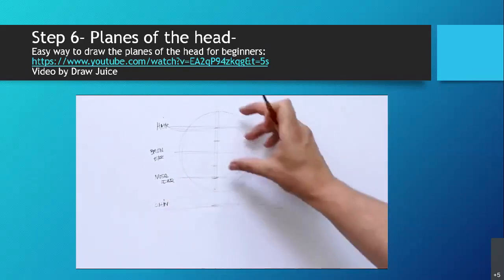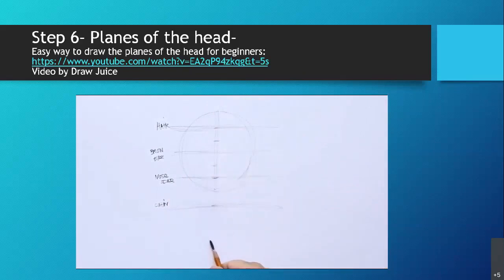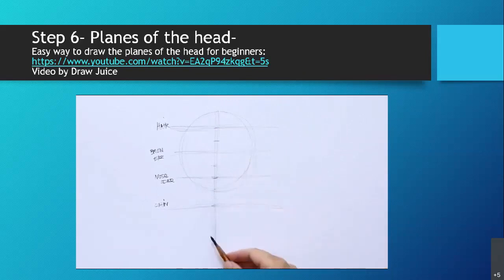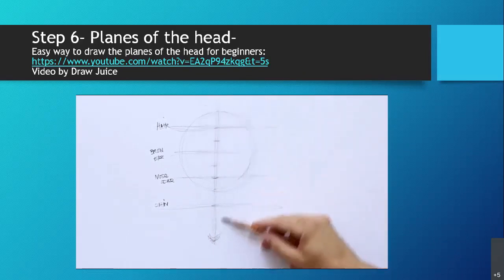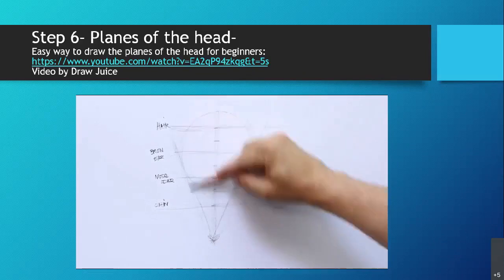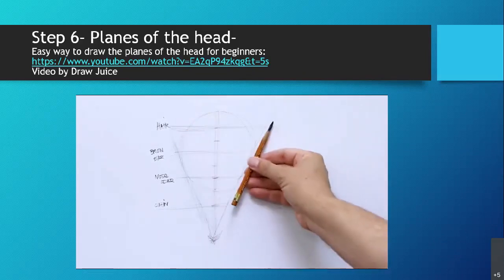Let's get a sense of the neck. So from the top of the head to the bottom of the nose, that length will be the pit of the neck, or the sternal notch. And I'll just put a letter V this way, just tangential to the side of that circle, And that's the angle that the ear is going to be.